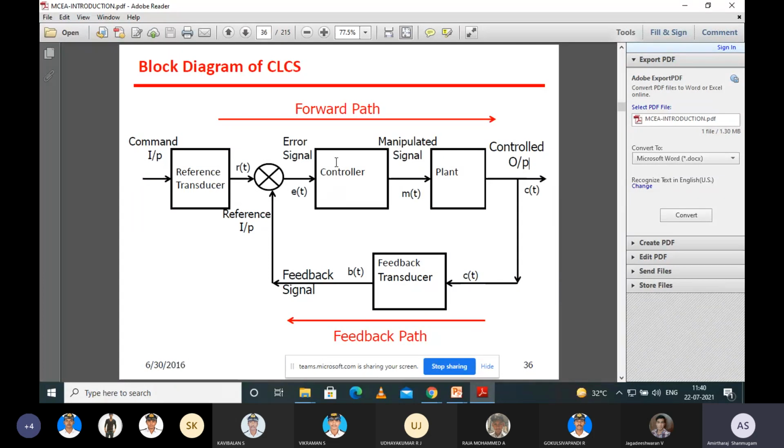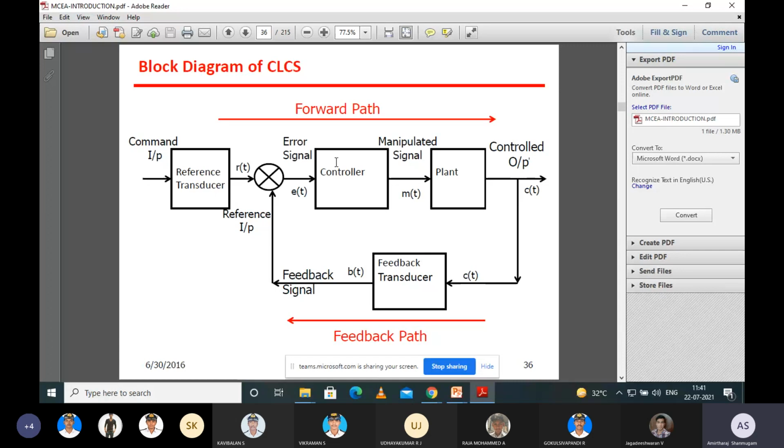Also, from the fundamentals we should know how to simplify the different blocks. I think you have studied this in your control systems subject, if you studied control systems separately. But in our subject, parallelly, we need to understand the missing topics in our syllabus.